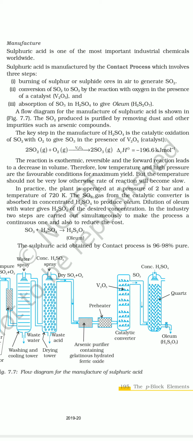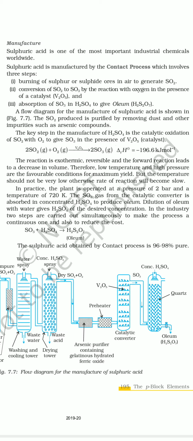Heat around minus 196.6 kilojoules per mole is produced. Now this is an example of an exothermic reaction which is reversible also, and since the reaction is exothermic, low temperatures will favor the formation of sulfur trioxide according to Le Chatelier's principle.